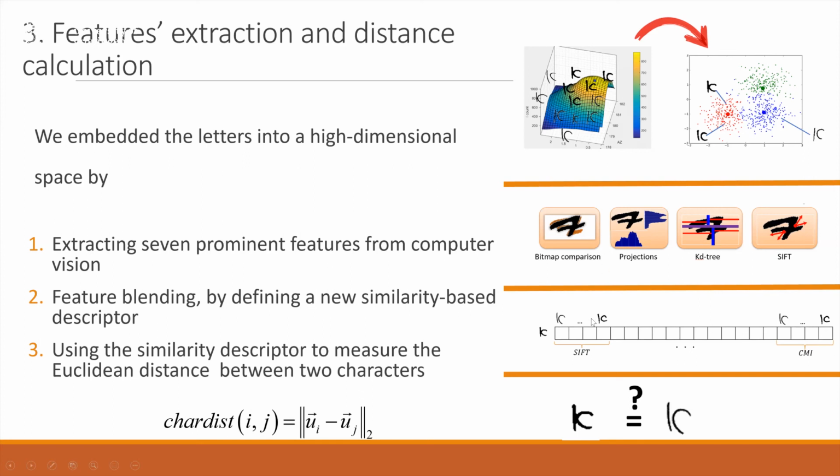Using this description, we can actually compare two letters and say whether they are the same or different. The intuition behind it was that what characterizes a letter is not only the features that it has, but also its similarity to the other letters in the alphabet and its dissimilarities to the other letters of the alphabet.